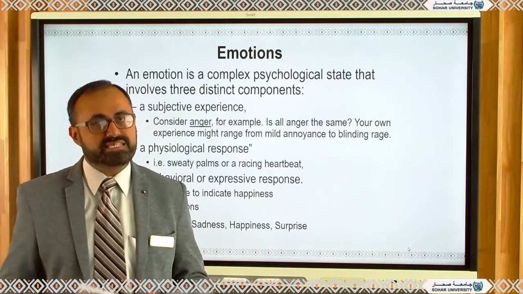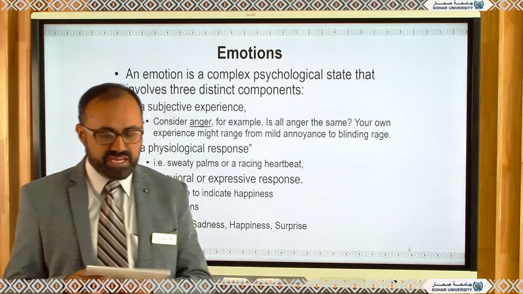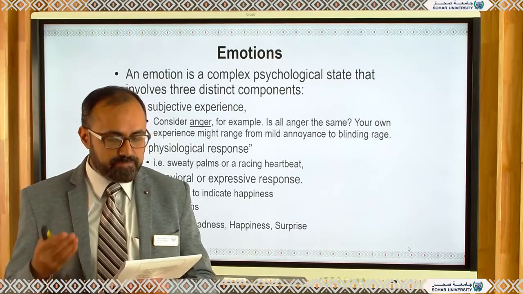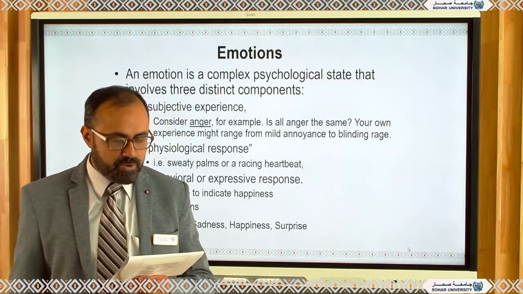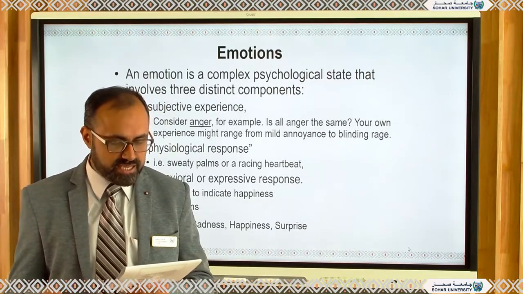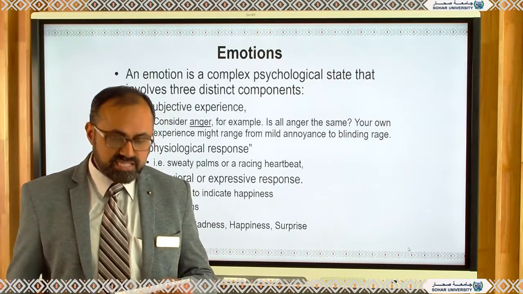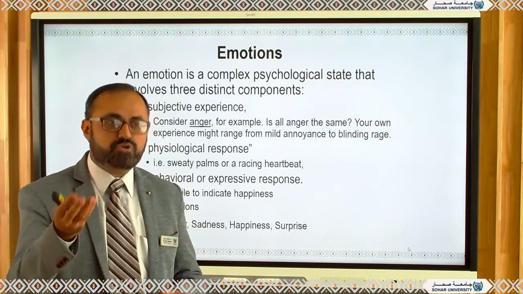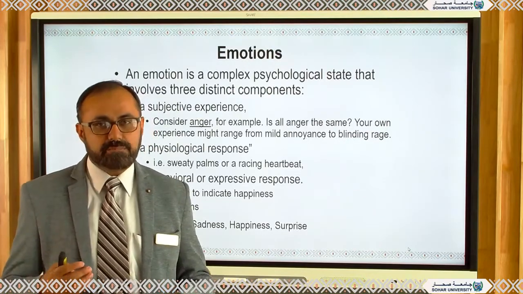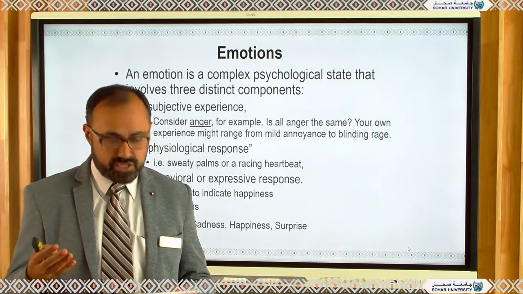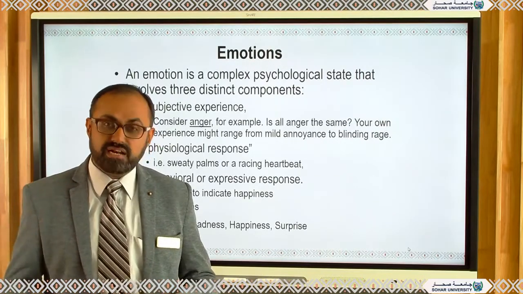So let's take a little technical definition based on this. An emotion is a complex psychological state that involves three distinct components: the subjective component, the psychological component, and the behavioral component. The subjective component, for example, could be your anger. You feel angry, but then after feeling angry, the psychological component may come.